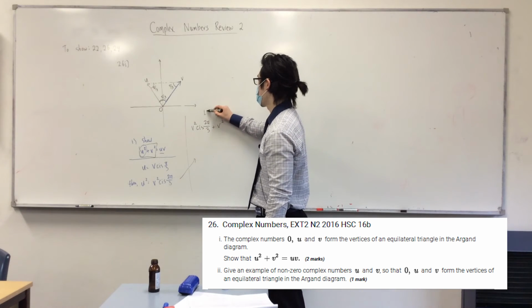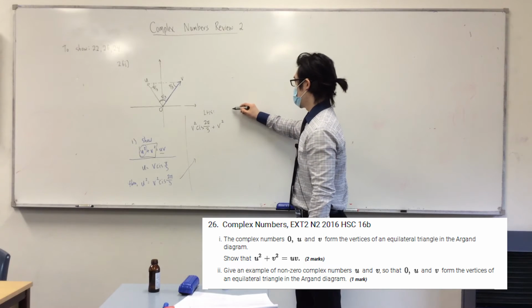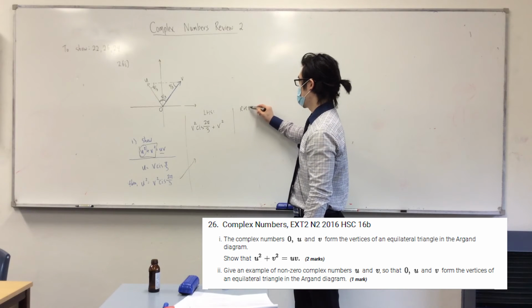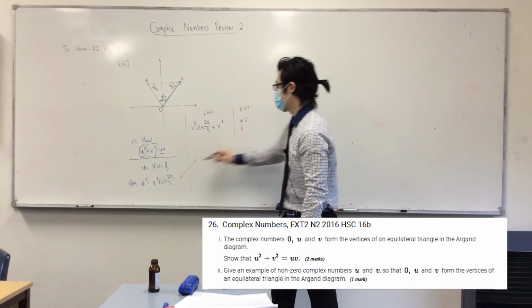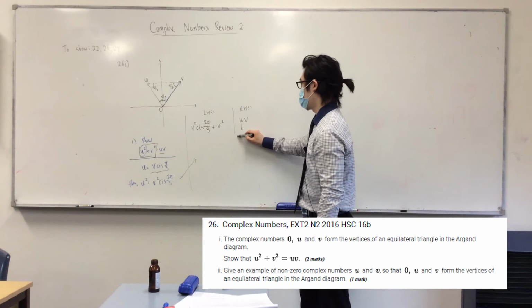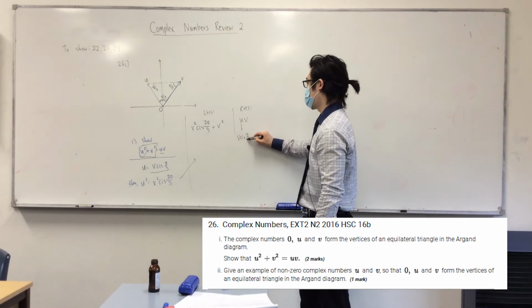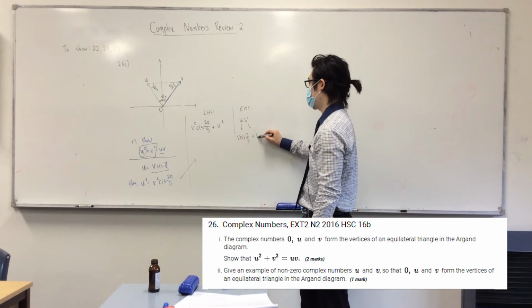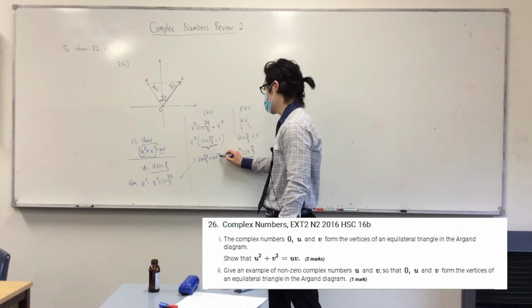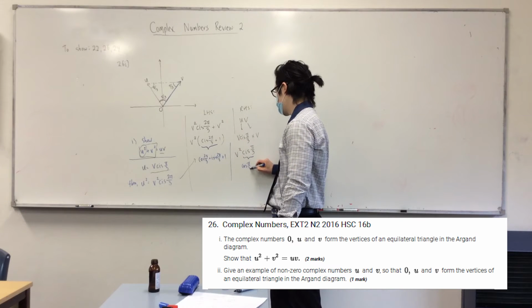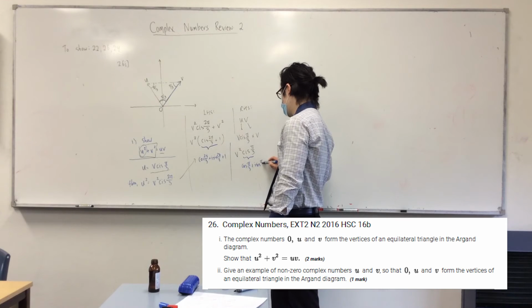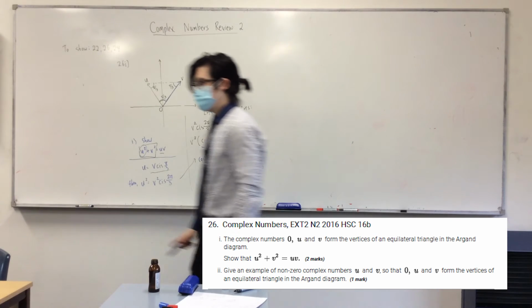Okay, so this is the left-hand side. Right-hand side, we've got UV, but we know U is this, so V cis pi over 3, and then times V. Well, okay, what's 2 pi over 3 as an angle?